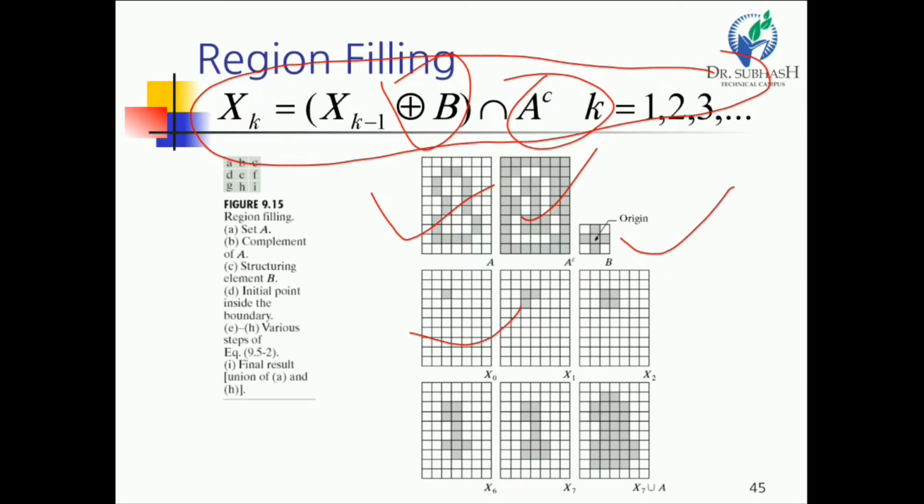E to H are the various steps, where the result is added to the next step. We get different images for the different region filling steps, and as we put in different values of k, we get X0, X1, X2, X3, X4 up to X k, and up to that value of k we get the different images.